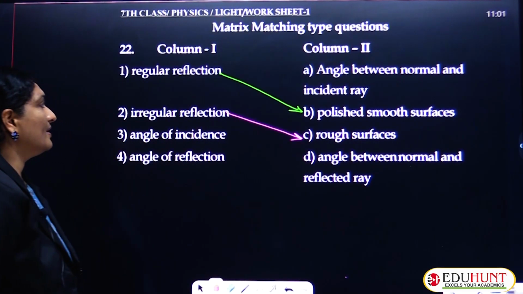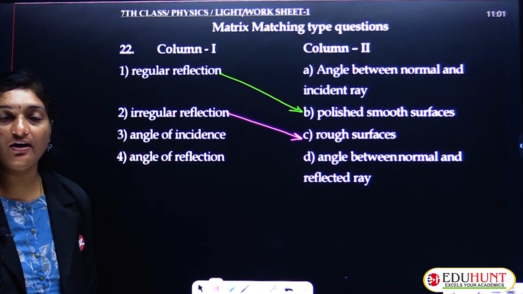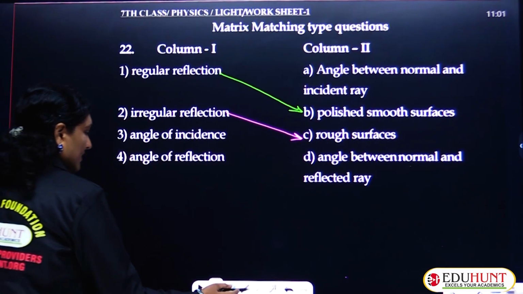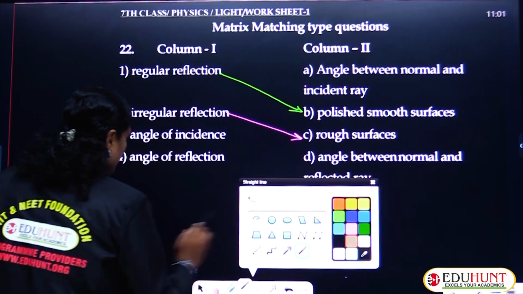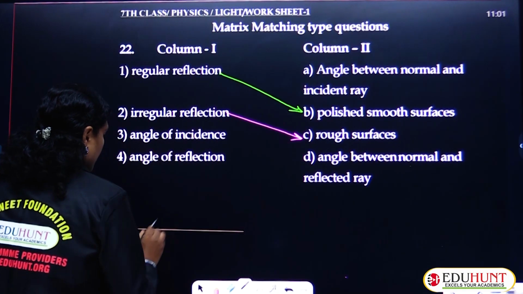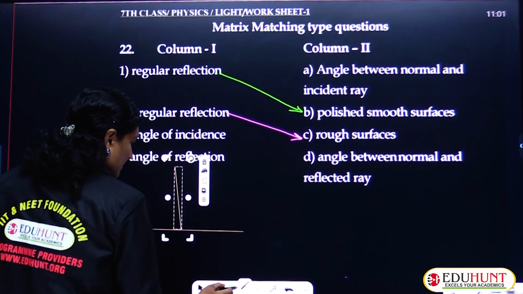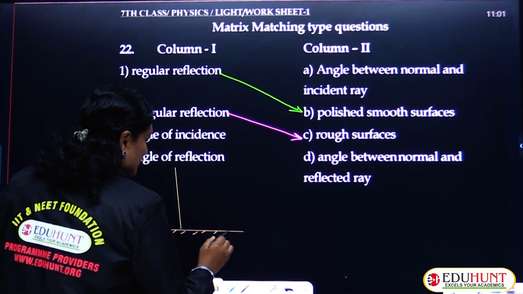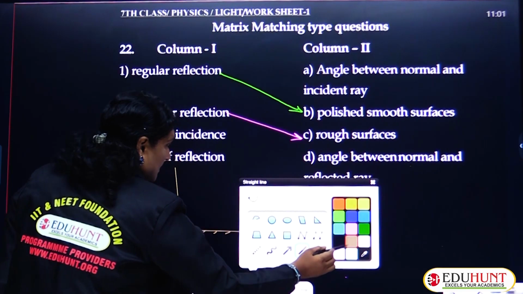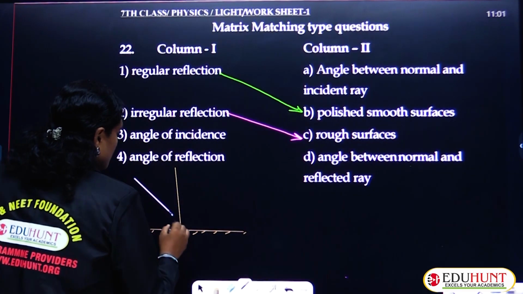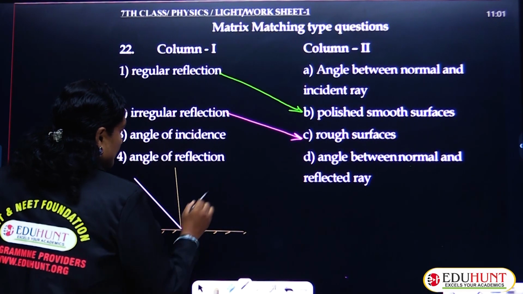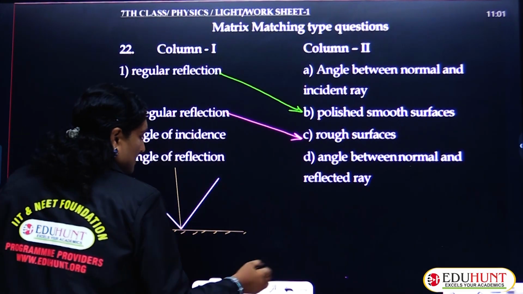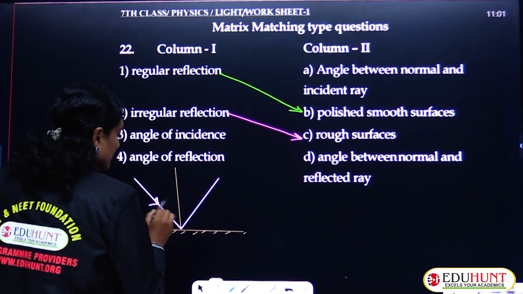Moving to the third one, angle of incidence. What is the angle of incidence? We know that the angle made by the incident ray with the normal drawn to the surface is called the angle of incidence.